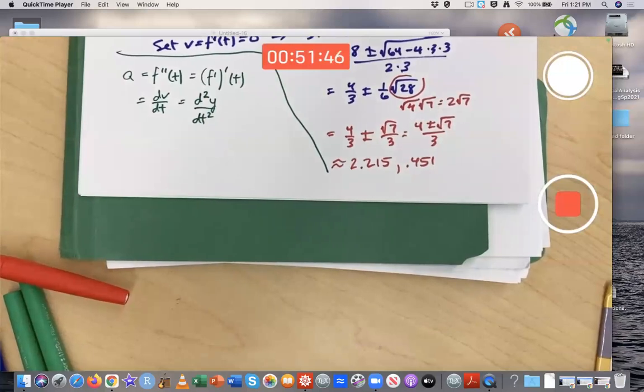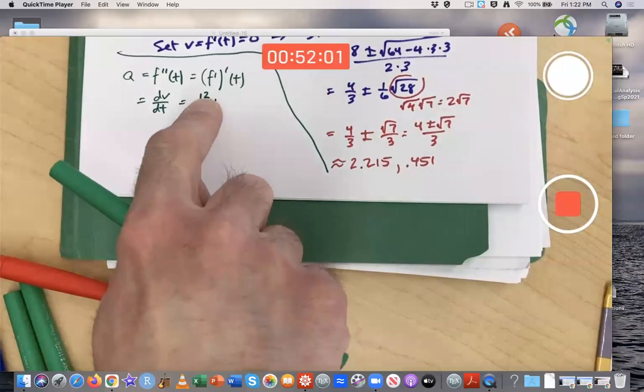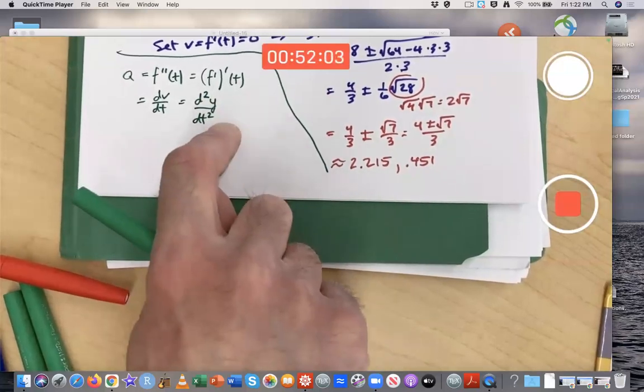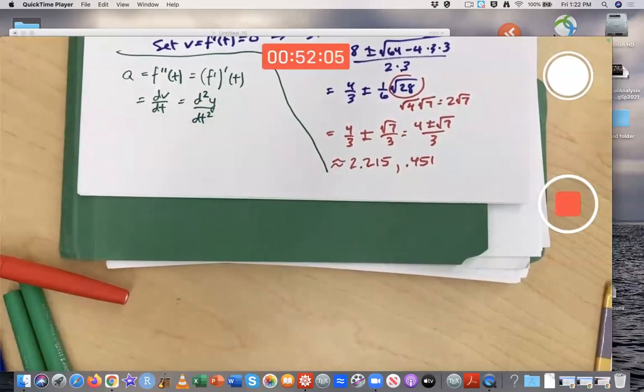Now, am I literally squaring there? Not really. The d is not a number. I'm not squaring d. The dt is not a number. I'm not squaring dt. So why do it this way? Why put this 2 there and this 2 there? It's because you are applying the operator, d dt, twice.